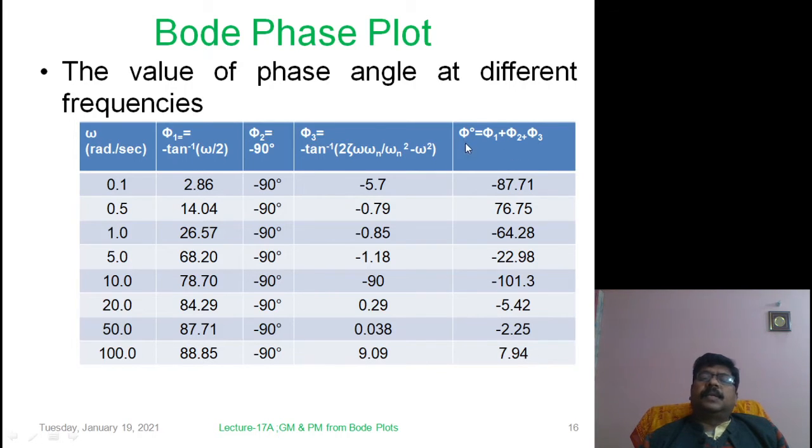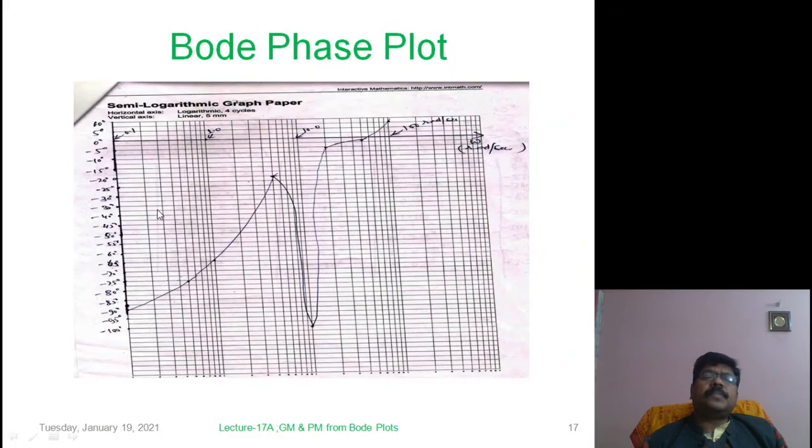After knowing this phi, since it is the phase angle contributed by the transfer function, you have to take on the x-axis the frequency varied from 0.1 to 100 radian per second, and the angle obtained at these frequencies is marked on the graph paper.